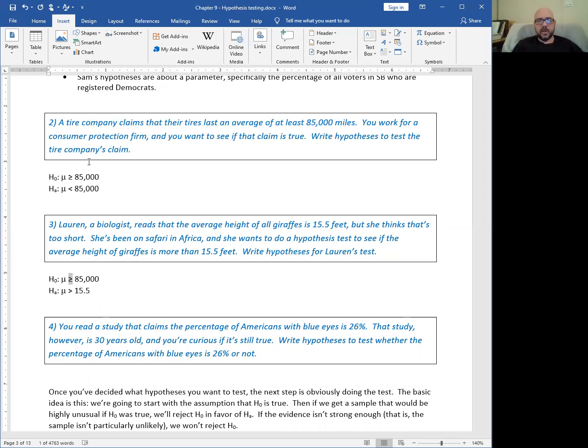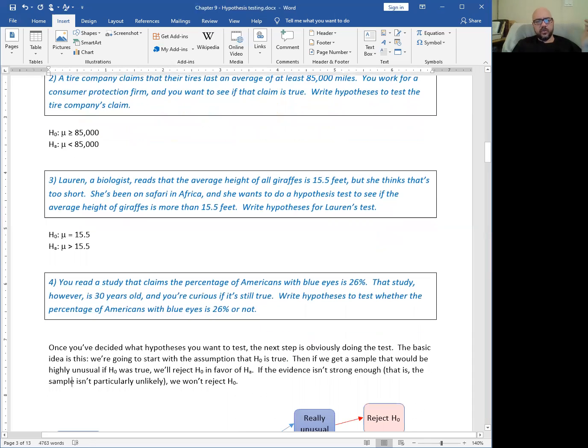And then the null hypothesis is the opposite of that, less than or equal to 15.5. Now it would be totally fine to write this as equals, right? That's okay. That's actually what it says in the problem. So maybe I should write it that way. Math is going to work out the same either way.